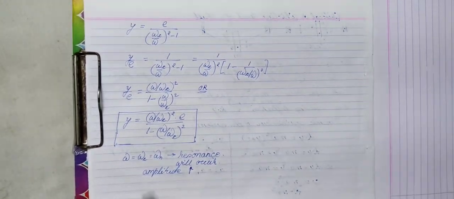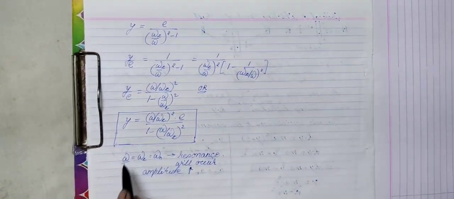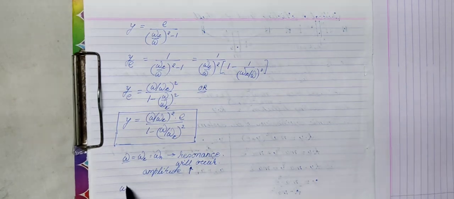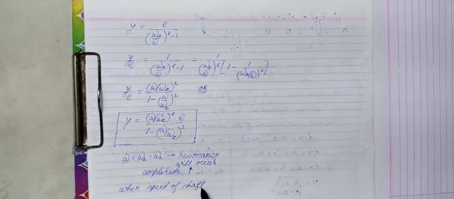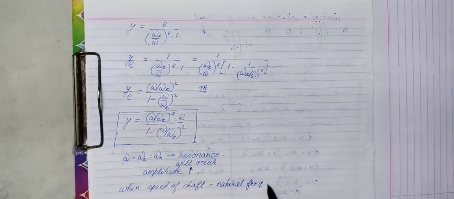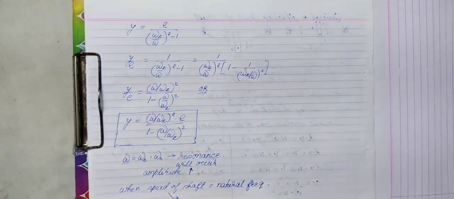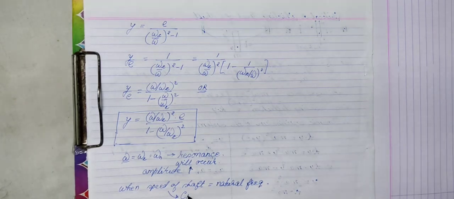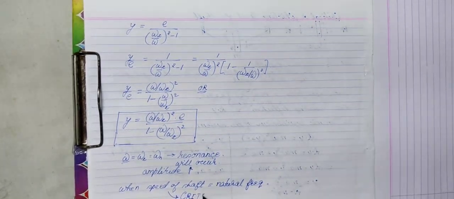So when the speed of the shaft is equal to the natural frequency, this speed is called the critical speed of the shaft.